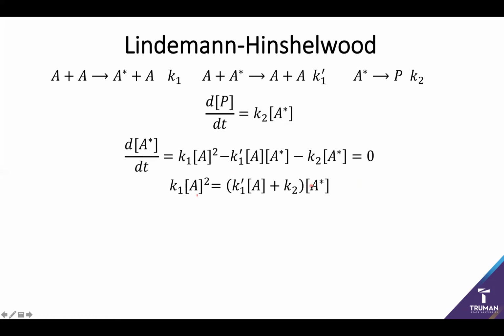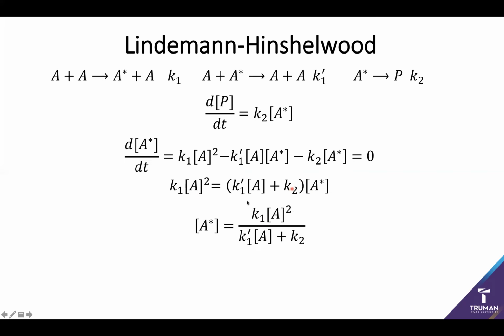So in this case, we can then combine the two coefficients of the terms shared with the consumption reactions, which then lets me essentially divide both sides by this combined coefficient of the reverse rate constant times A plus, again, the rate constant for the second step.